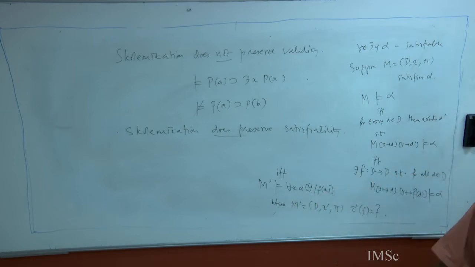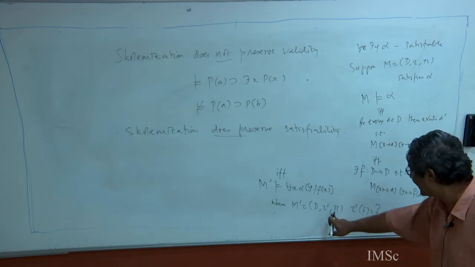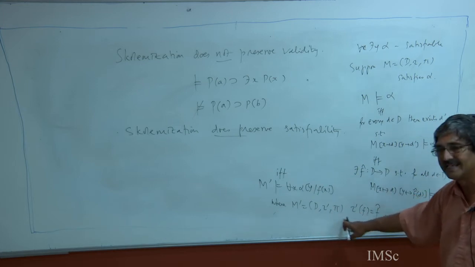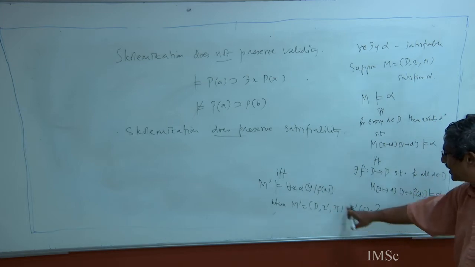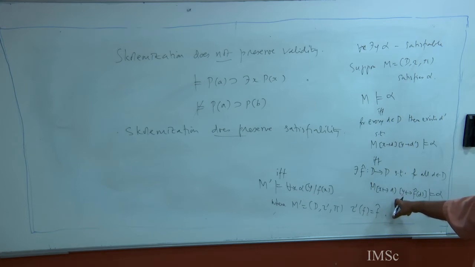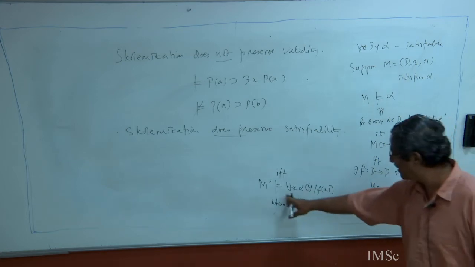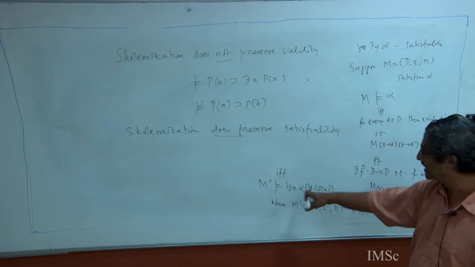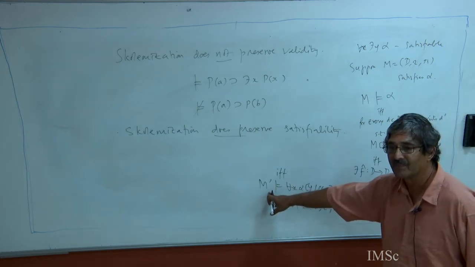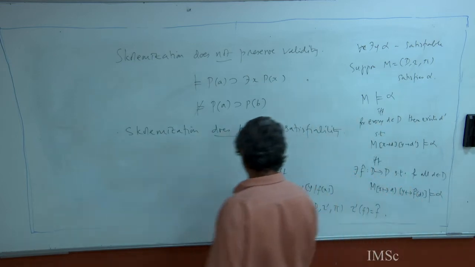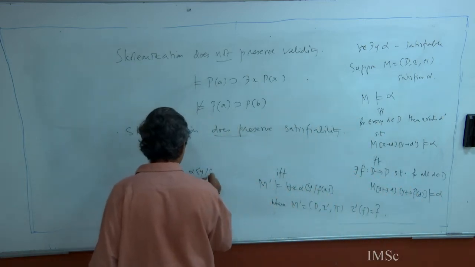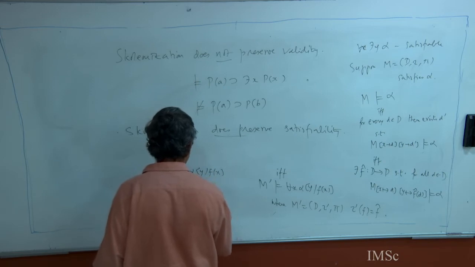Remember, f is a new function symbol, so it has to be interpreted. So I take the original old interpretation and extend it to a new interpretation where I make sure that f is interpreted as f hat, and now it's easy to see that for all x, alpha with y replaced by f of x is true in the new model M prime. That's why this formula, for all x, alpha with y replaced by f of x, is satisfiable.